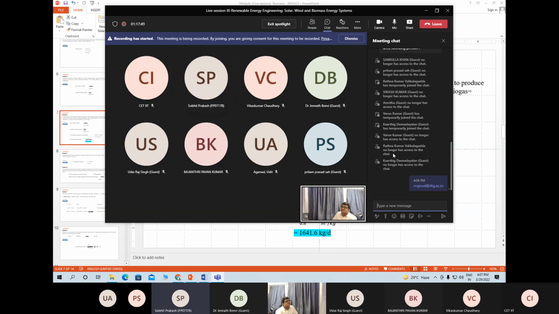Can it be in bold letters, sir? Can you see this chat box? Just check it here. You just note down that mail ID and send me the query which you had about the assignment.